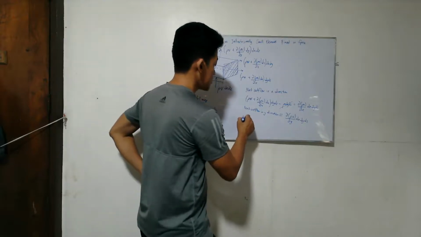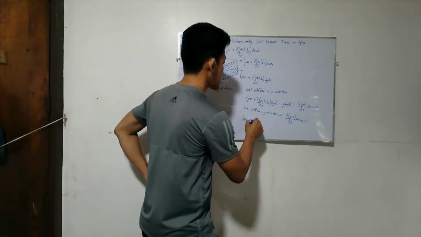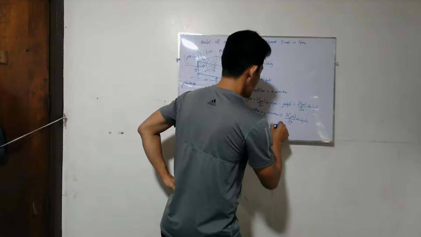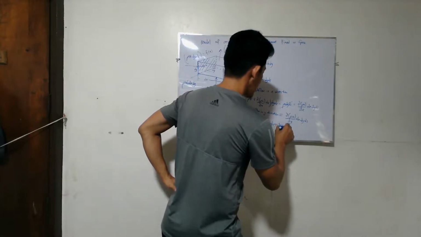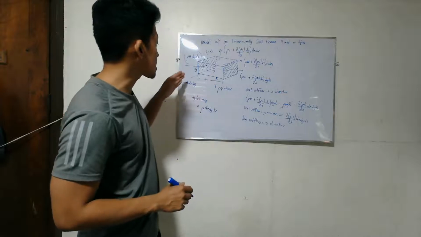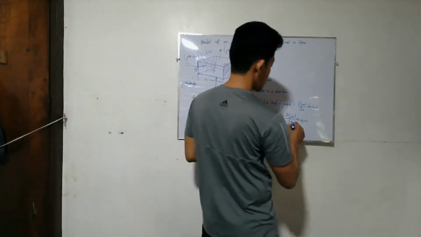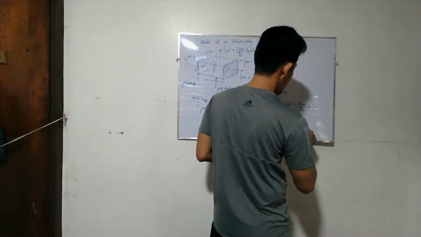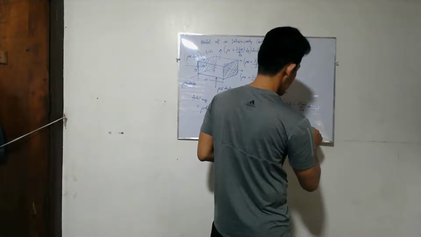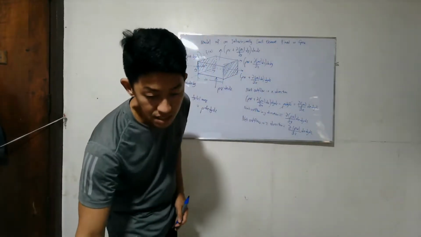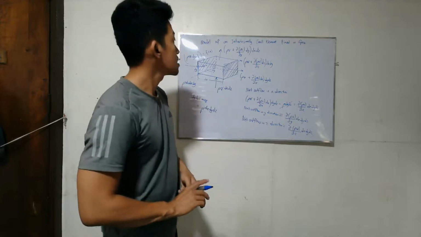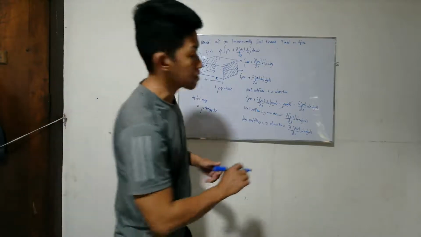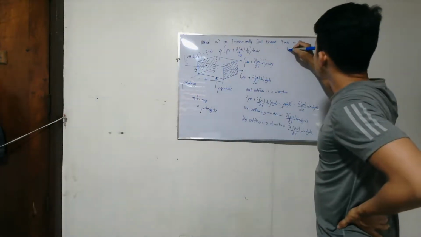Okay, net outflow in z direction. What is the net outflow in z direction? Just partial of rho w respect to z dx dy dz. And then ato na din ning sum up tanan.